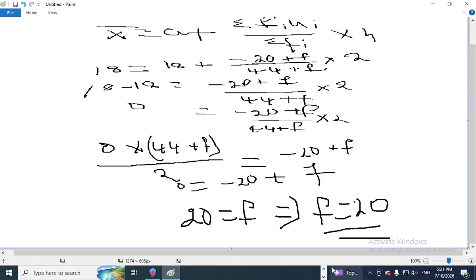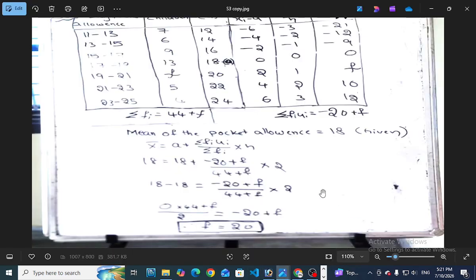So in that way, we have found the F value as 20. Very easy problem. If we substitute the values in the particular formula, then we will get the F value. So the F value here is 20, which means for 19 rupees to 21 rupees, the daily allowance 20 children are maintaining.